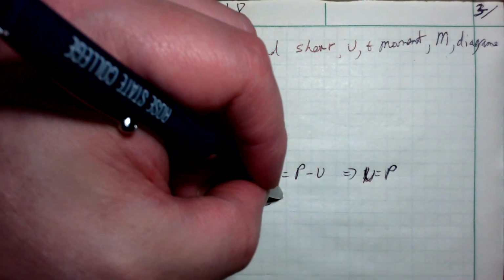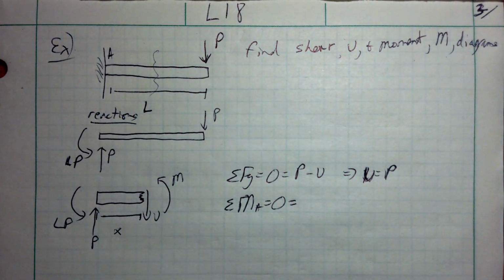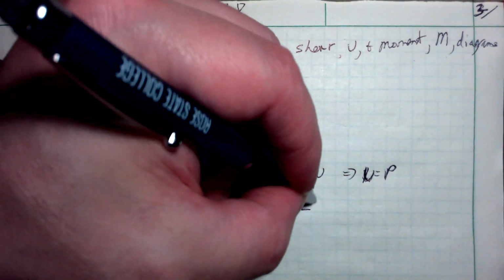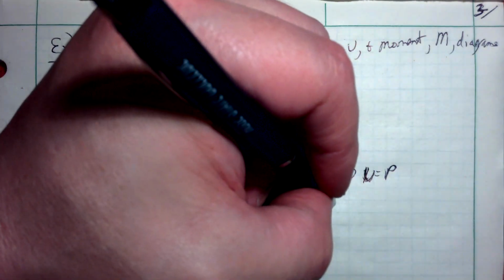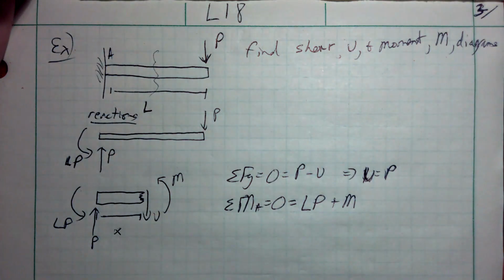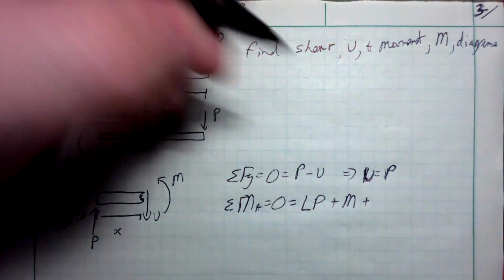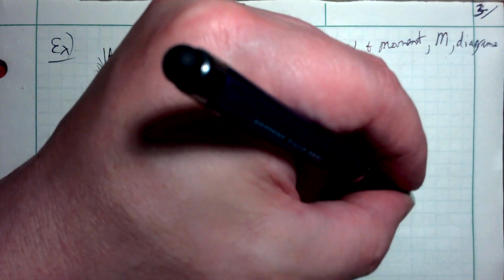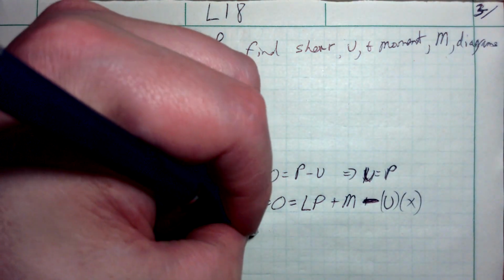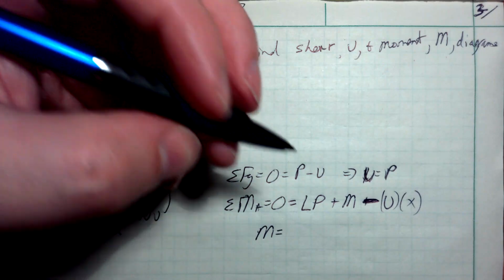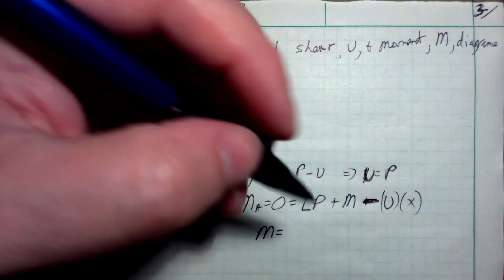Now the sum of moments about point A add up to be 0. I've got this reaction moment, which equates to LP. That's positive. I also have the reaction moment M, positive. And then I have minus whatever the shear is at distance x. So my bending moment is going to equal shear times x.